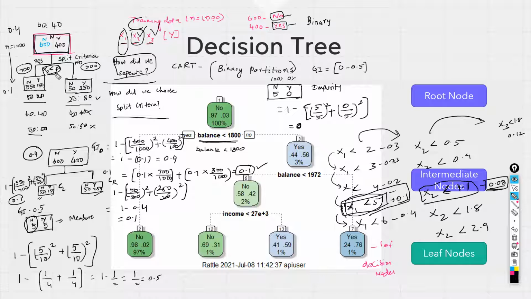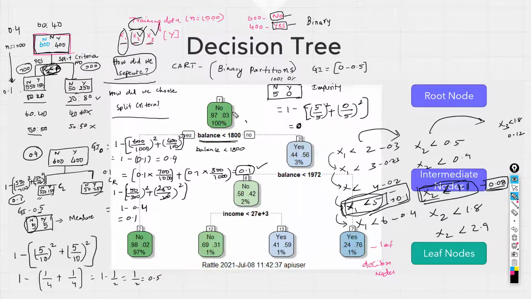Then within those three variables, x1, x2, x3, x2 less than p is the split level that gave this significant drop in the Gini index from the root node to the child node. So we will stop and we will pick this one here and we will do the first level split. This is called the root level split.